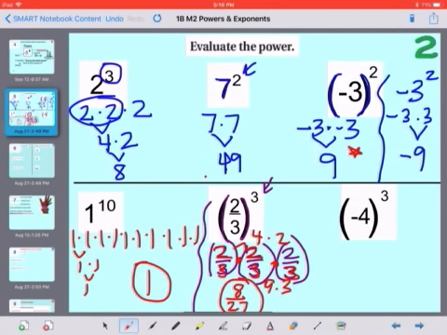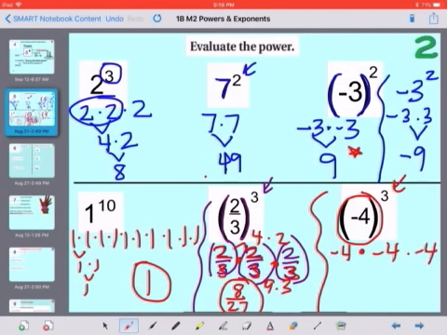All right, last one. We have, again, a negative inside the parentheses, so that means we write it every time. Everything that's in here, we're writing 3 times. Negative 4 times negative 4 times negative 4. Well, a negative times a negative makes a positive. 4 times 4 is 16.